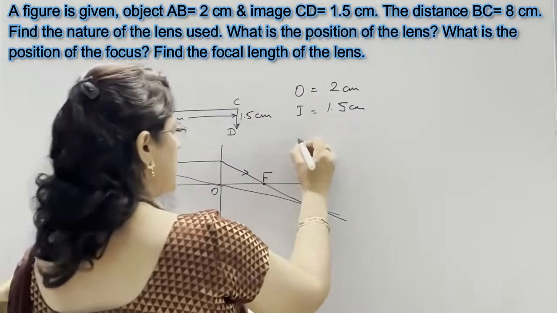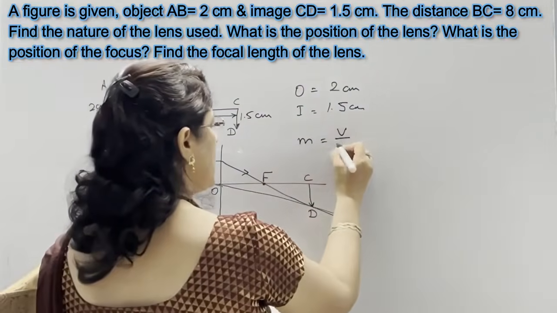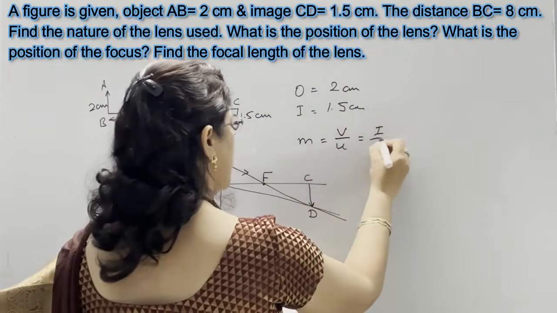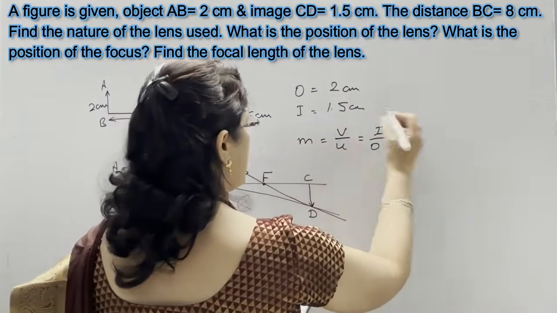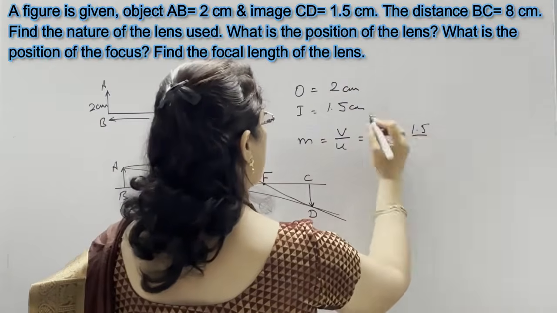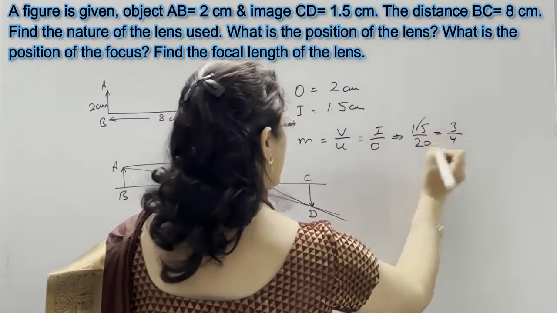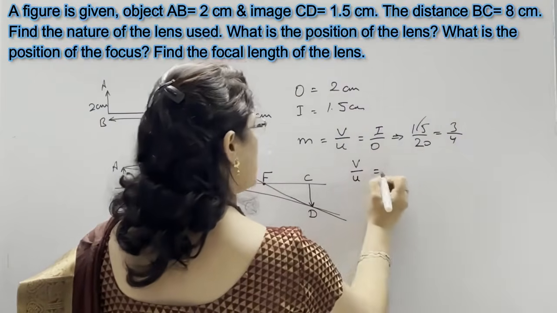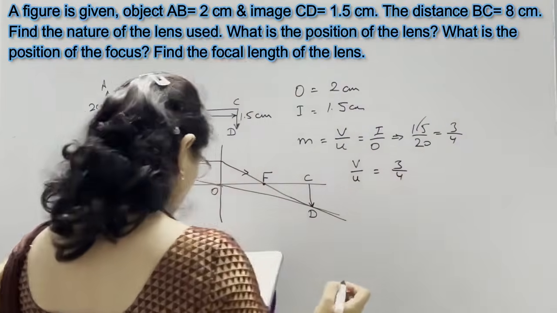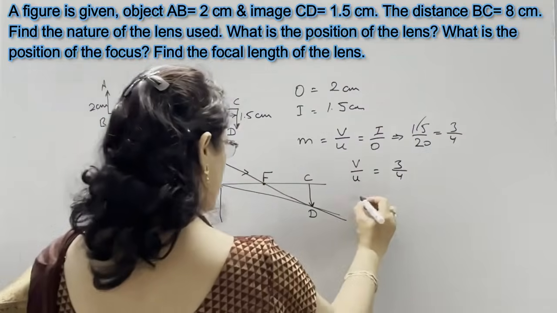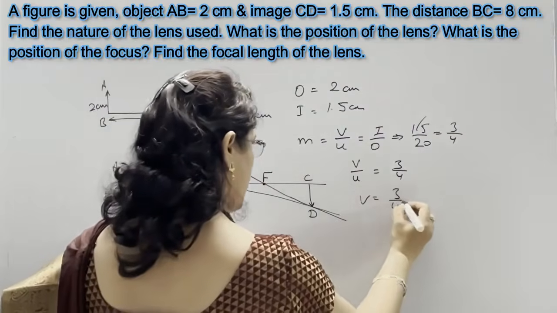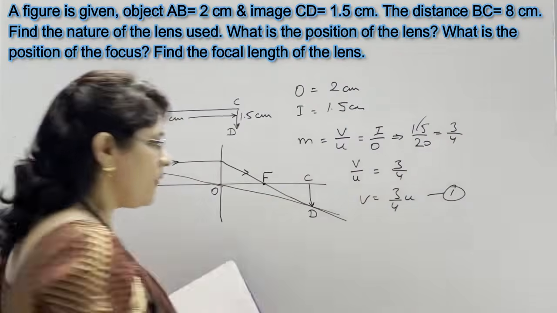Now we know the magnification formula M is equal to V upon U, or we can say I upon O. Now the value of I is 1.5 and the value of O is 2. It means it is 3 upon 4. So the value of V upon U is equal to 3 upon 4. Or we can also take it as V is equal to 3 upon 4 U, and this is our first equation.